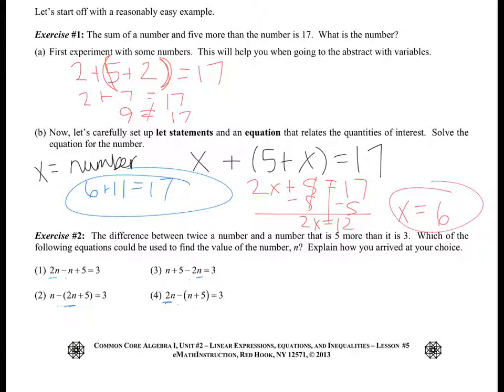Well, this one is saying that the difference is between a number and 2n plus 5, so that one's not it. This one is not saying that a number and 5 more together, so it's not that one. And this one, the 2n was listed first, so it can't be listed second. So it has to be 4, and here's where that makes sense. The difference between twice a number and a number that's 5 more than it is 3.